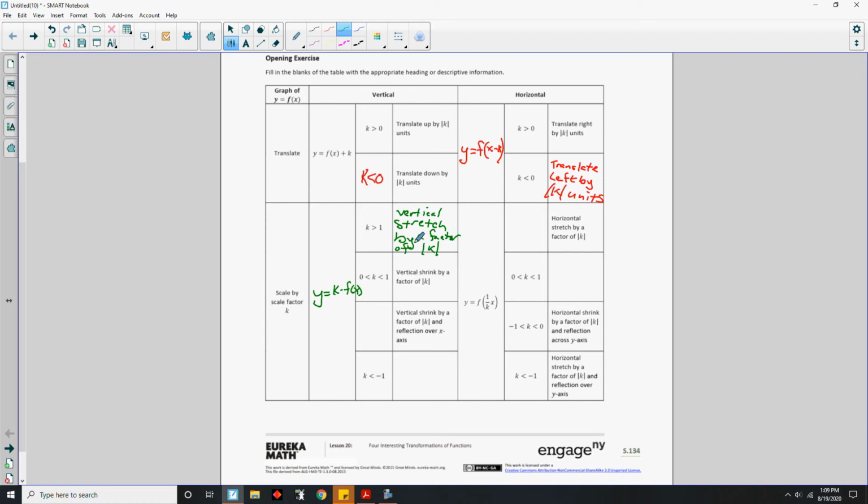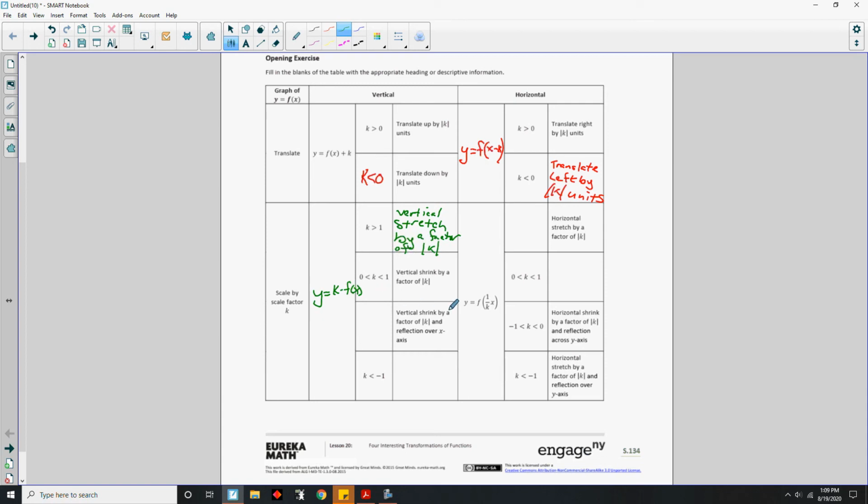And it's going to shrink when k is between 0 and 1. So if it's a fraction that's positive, but a fraction less than 1, then it's going to shrink by a factor of k.